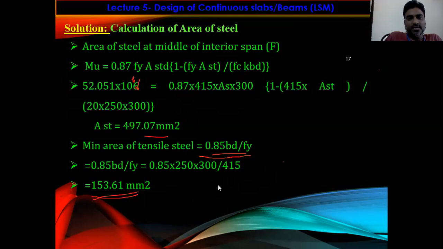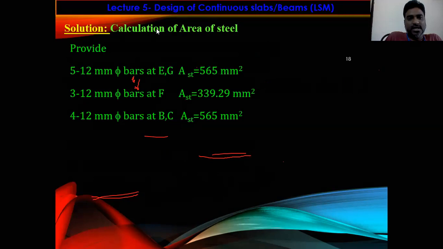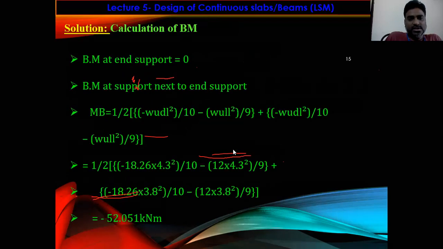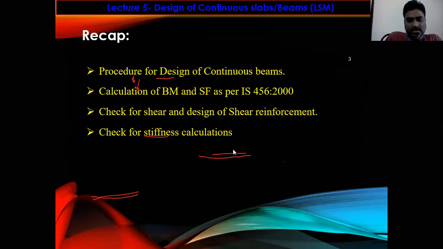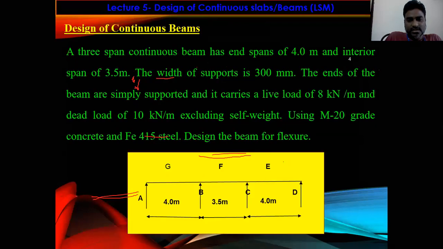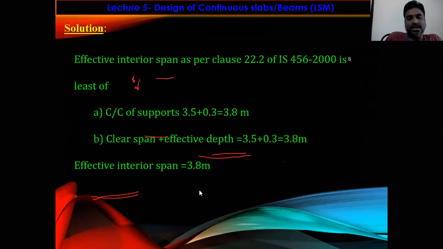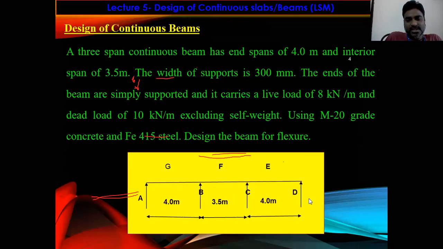Therefore, you can assume the diameter of the bars, and according to the area of steel required, calculate the number of bars required for each place. That means the number of bars required for E and G. What are E and G? E and G are at the middle of the end span. F is the interior span, right? A, B, C, E are supports.